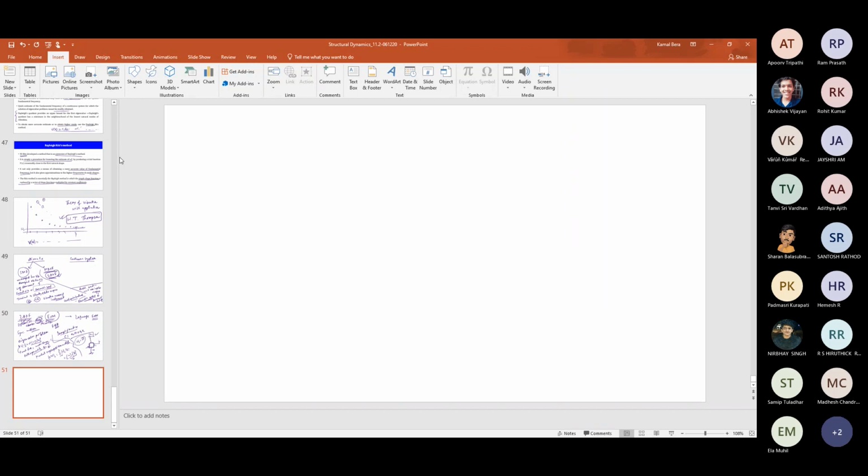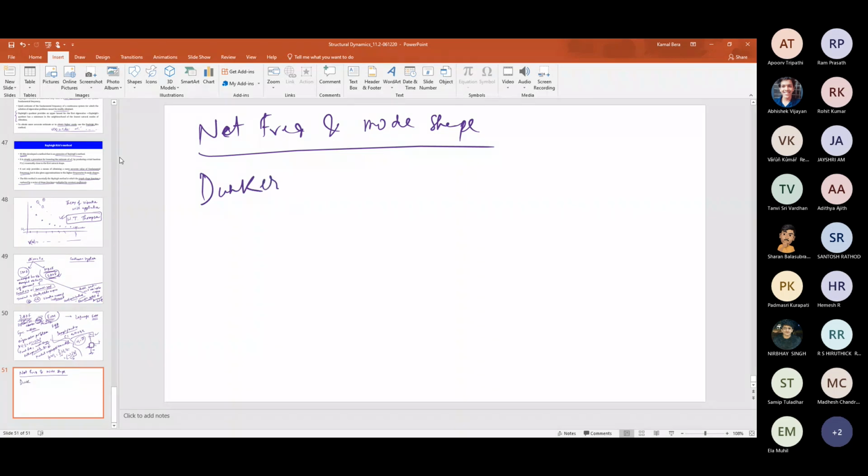Then we discussed a few methods to find out the system natural frequency and mode shape. There is Dunkerley's method to find out the fundamental frequency, right? Then we discussed the matrix iteration method.